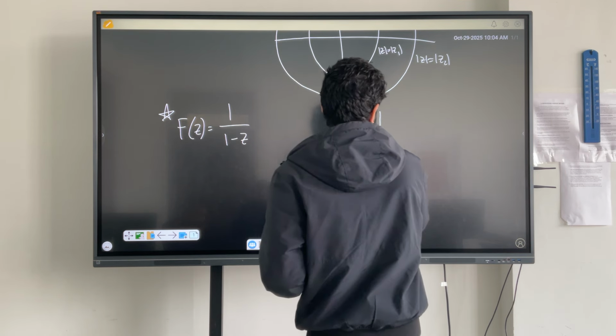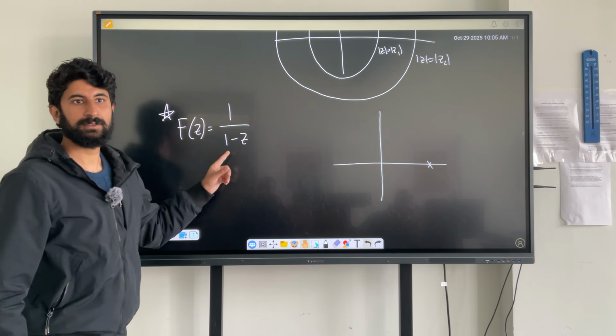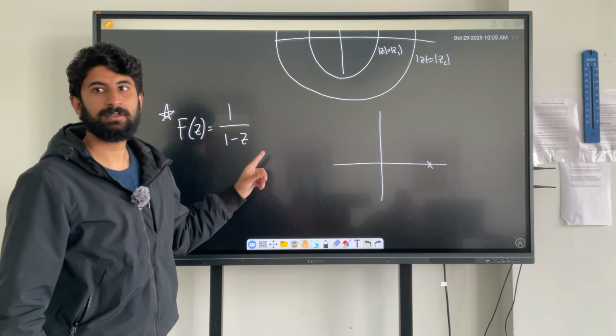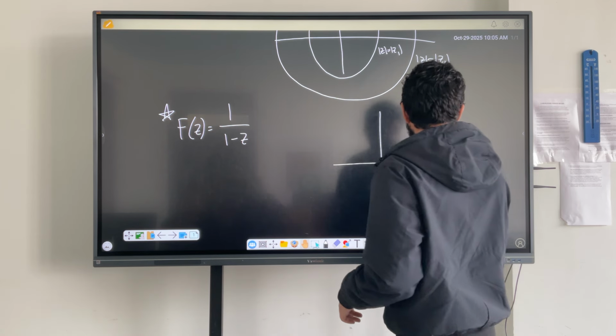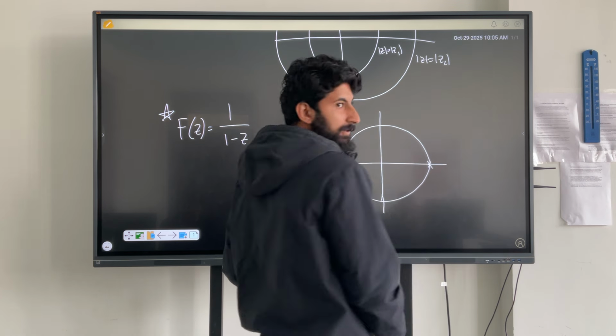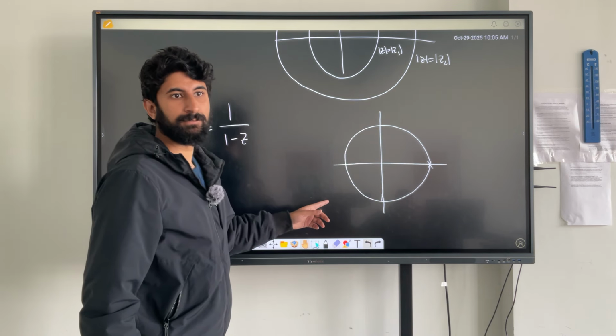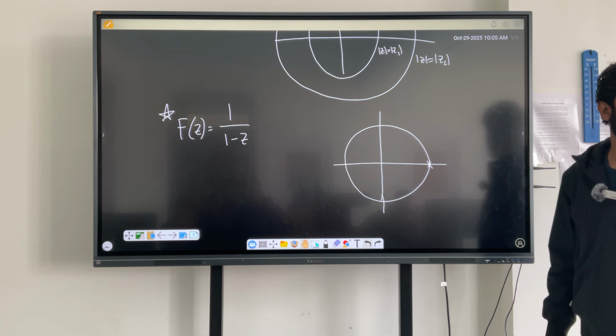So let me draw. How many series will this function have around z equal to 0? Two. So one would work in what region? And another will work in this region.